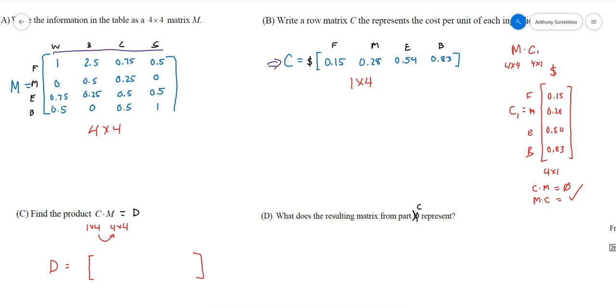If I'm doing C times M, C being the row matrix, again, I know I'm going to get a 1 by 4 matrix.